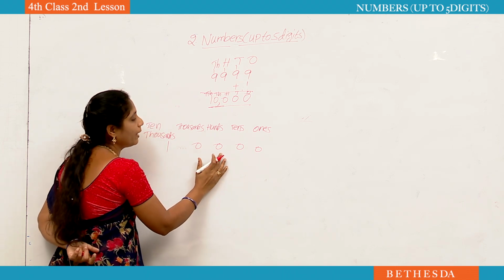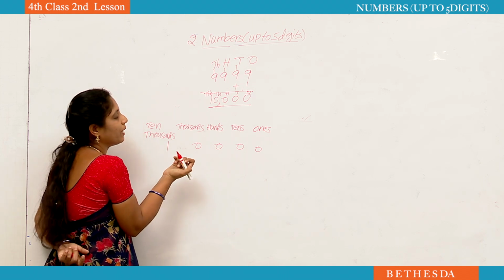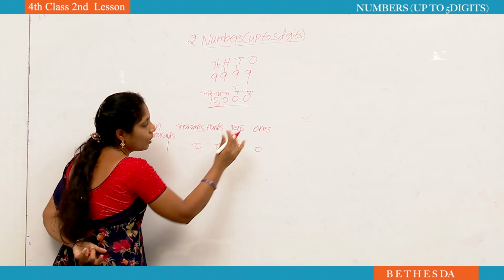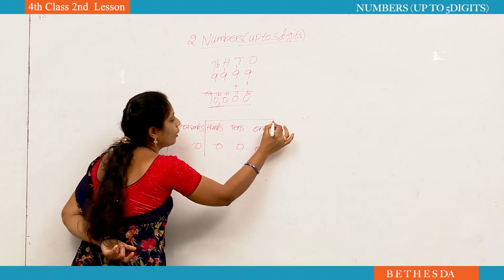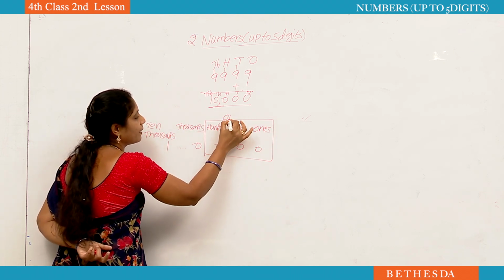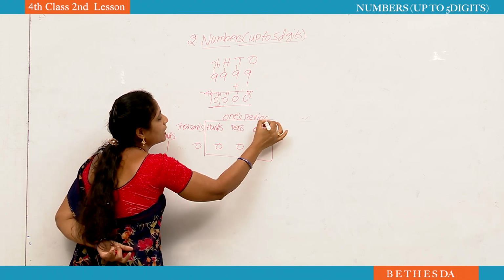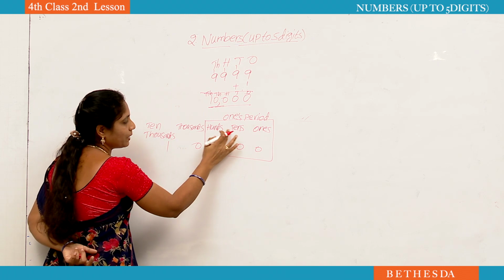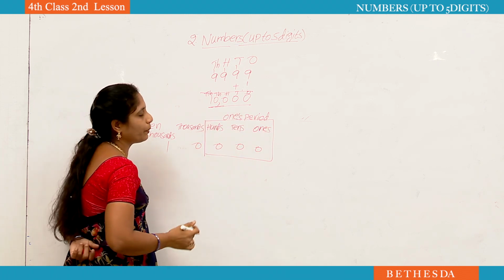Now how to read this number? 10,000. What I told, after the ones period you have to keep a comma. What is meant by ones period? See here, ones place, tens place and hundreds place. Till here we have to call the ones period. Ones, tens, hundreds, those are called the ones period.